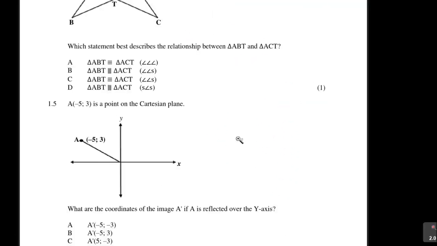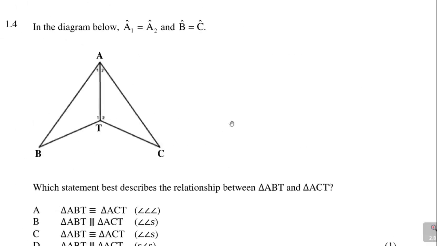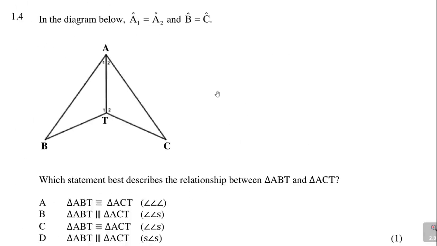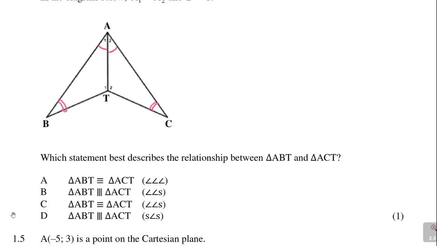It says 1.4 here. In the diagram below, A1 is equal to A2, and B is equal to C. And then which statement best describes the relationship between triangle ABT and triangle ACT.